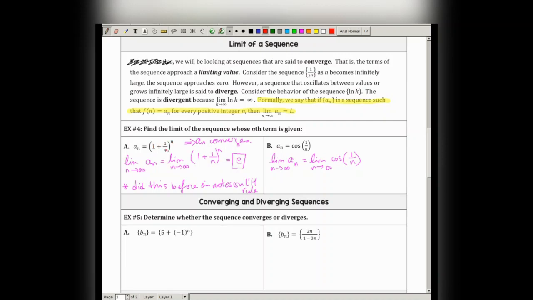And then we took the natural log of both sides, and then the x came out to the front. And then we moved the x to the bottom, and then we took the derivative. Okay, so this goes to 0. So cosine of 0 is equal to 1. So again, we can say that it converges. Okay, so therefore a sub n converges.